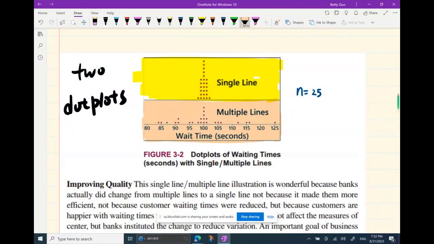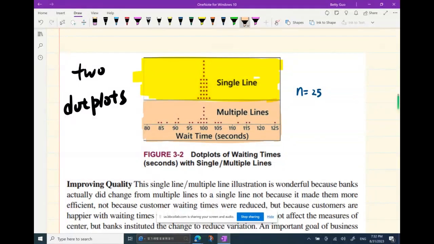When you go to a physical bank branch, many times you have to wait, right? In the yellow one, we have 25 participants. The researcher recorded the waiting time of those 25 participants if the waiting line is single.